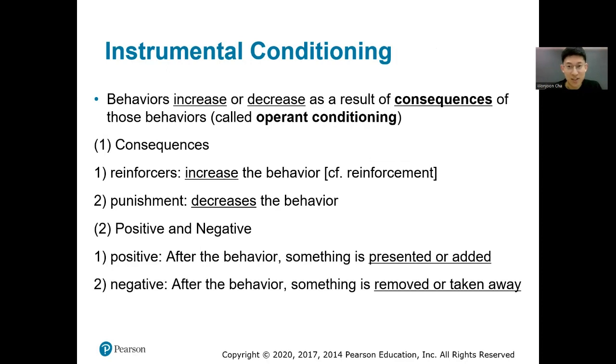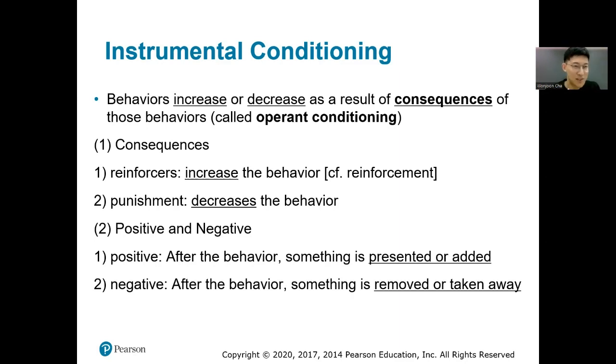By definition, a reinforcer increases the behavior, and increasing behavior by using a reinforcer is called reinforcement. So basically, a reinforcer is used in reinforcement. Punishment, by definition, decreases the behavior. And the act of decreasing the behavior by using punishment is also named punishment.